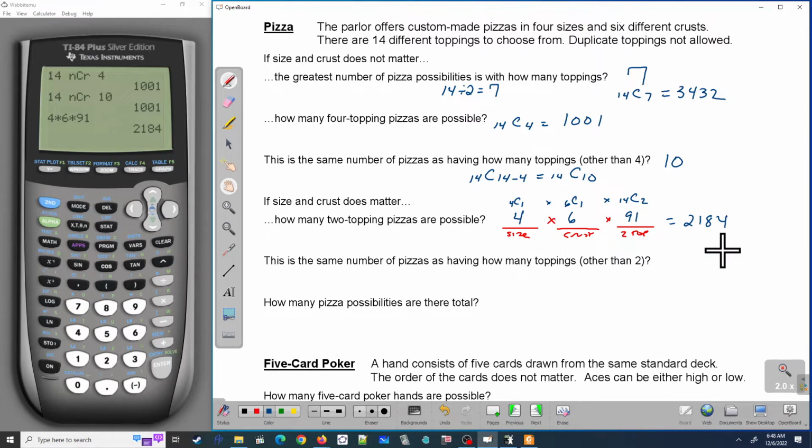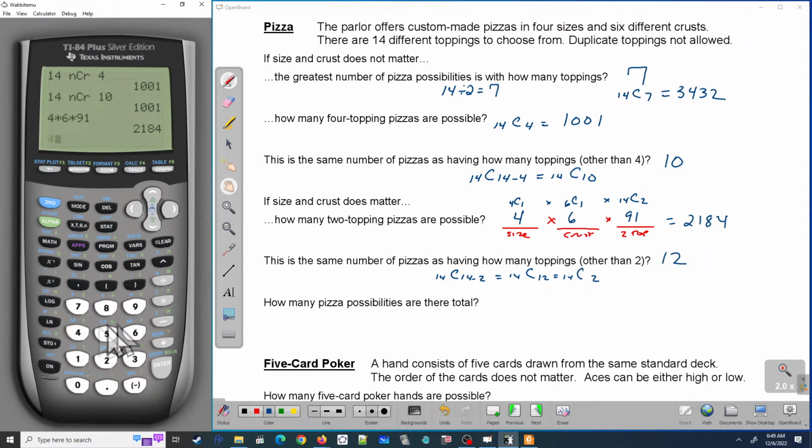Now it also says this is the same number of pizzas as having how many toppings. And so this is just another variation of this question right here. So if I'm not having 2 toppings, then I would want to go 14C(14 minus 2), realizing that 14C12 should be the same as 14C2, and so I would want this to be 12 toppings.